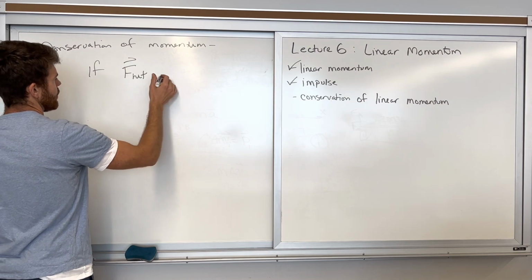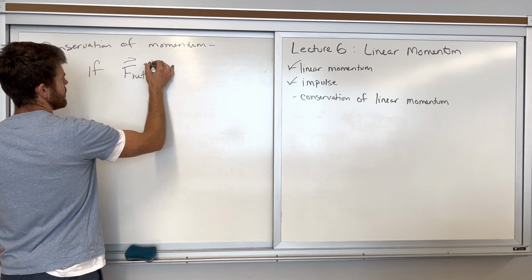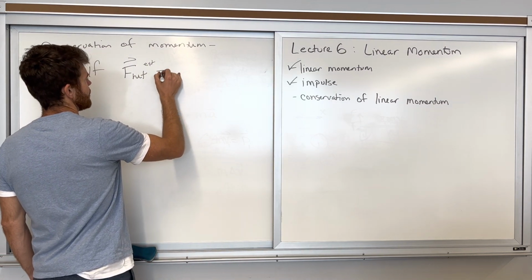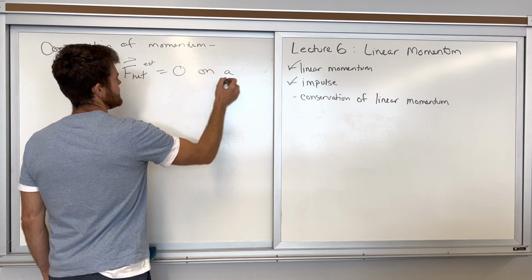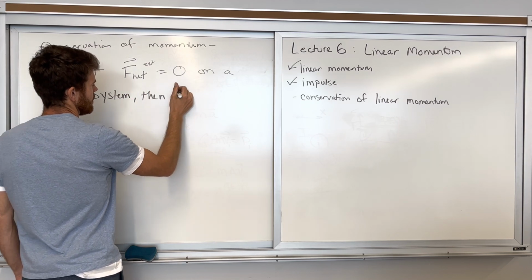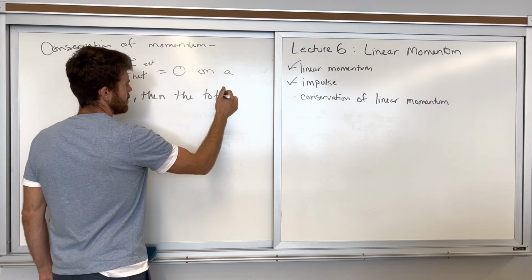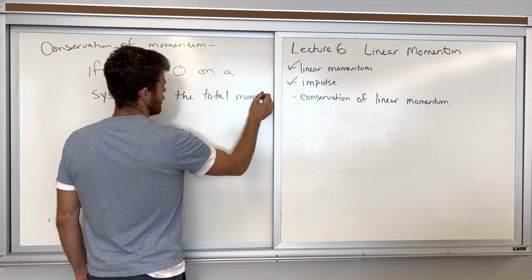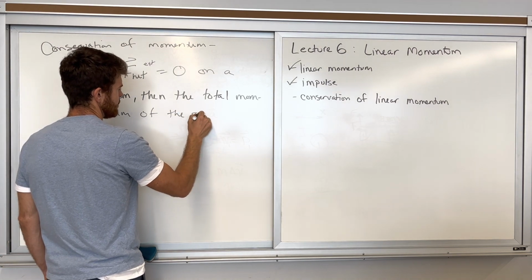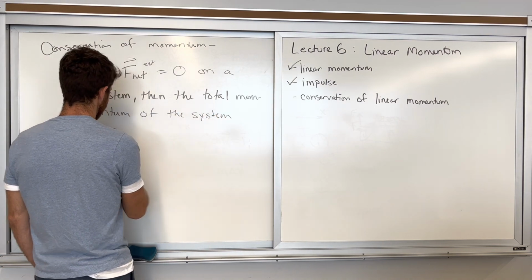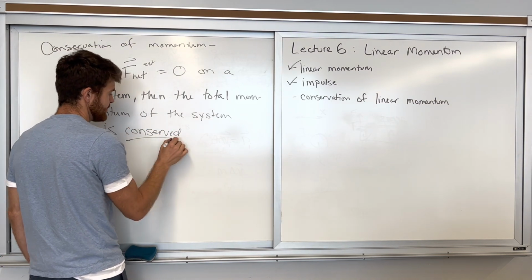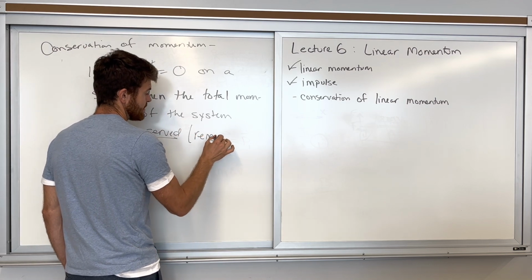the net external force, I'm going to say external force, that means forces outside of the system. If net external force equals 0 on a system, then the total momentum of the system is conserved, which in physics, whenever something is conserved, it means it remains constant.